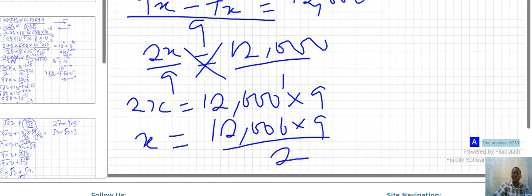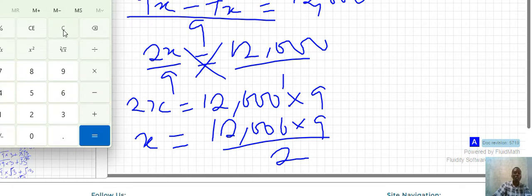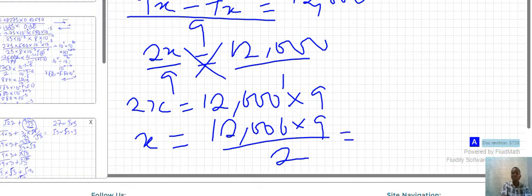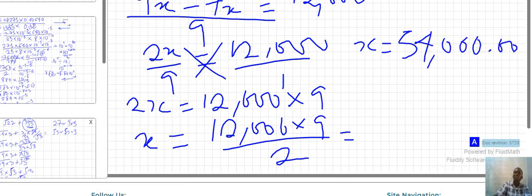So we are going to use our calculator. 12,000 times 9, divided by 2, that will be equal to 54,000. So we see now that our x is equal to 54,000. That's the total profit the three brothers shared.